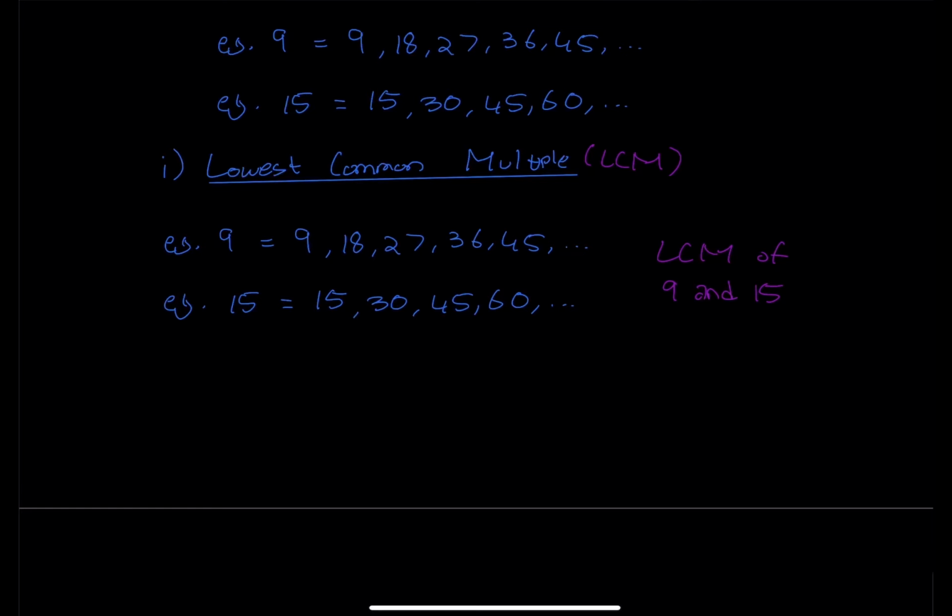What you do is you go along the multiples of 9 and you go along the multiples of 15. Now you find a number that's common to both. If I go along 9 and 15, I would notice that 45 is common to both. There are going to be more numbers that are probably common, but this is the lowest common multiple. So the lowest common multiple of 9 and 15 is 45.